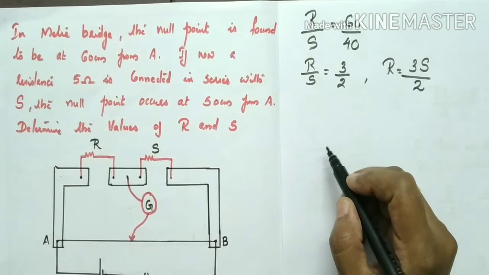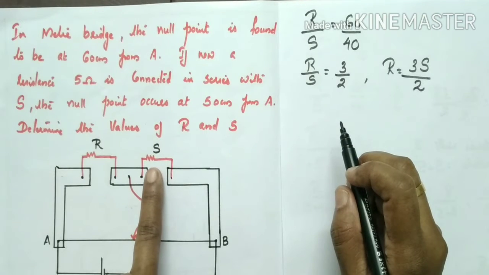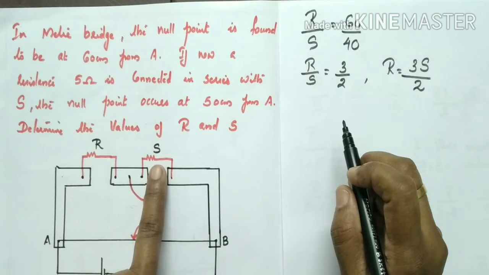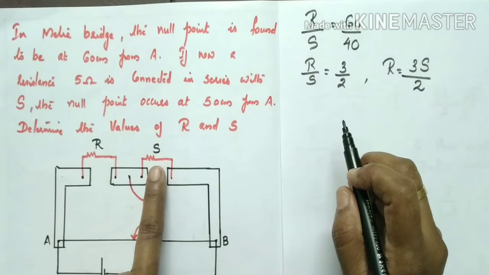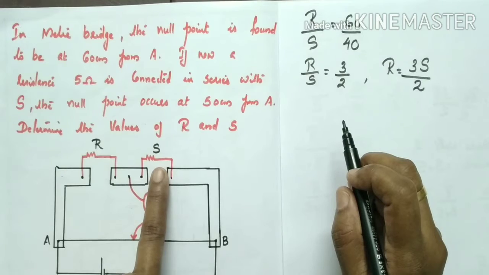Okay children, now if 5 ohm is connected in series with S, the equivalent resistance becomes S plus 5, isn't it? If R1 and R2 are connected in series, the equivalent is R1 plus R2. Similarly, if 5 ohm is connected in series with S, the equivalent resistance becomes S plus 5.